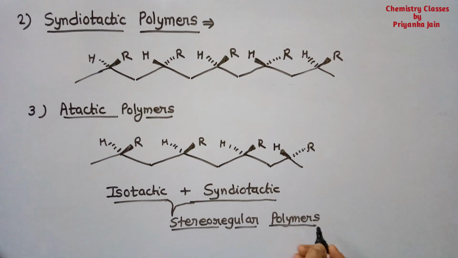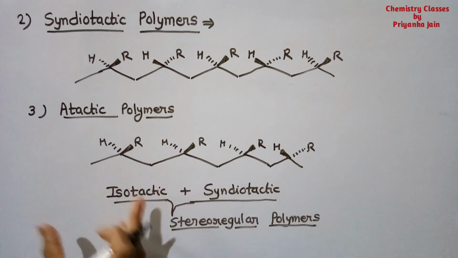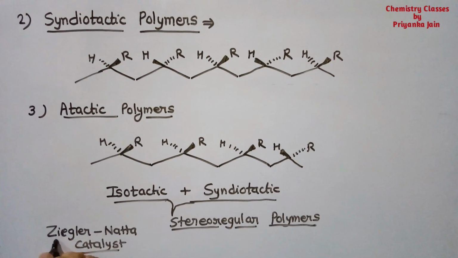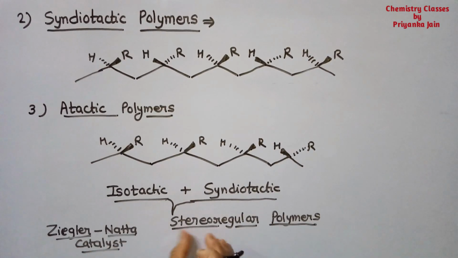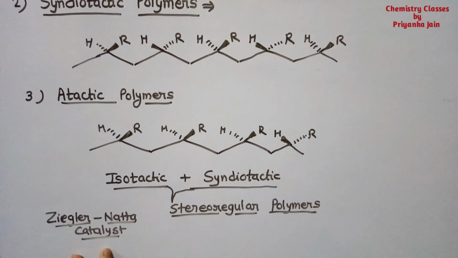And one of the important catalysts for synthesizing these stereoregular polymers is the Ziegler-Natta catalyst. This is a very important catalyst for synthesizing the stereoregular polymers, and it is a heterogeneous catalyst.